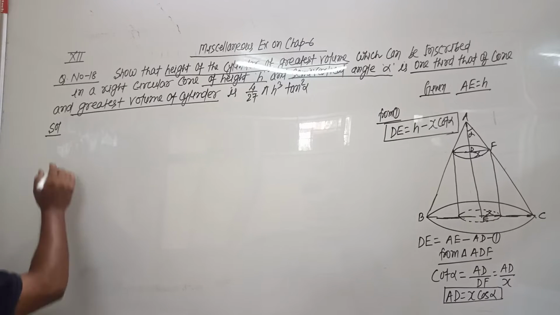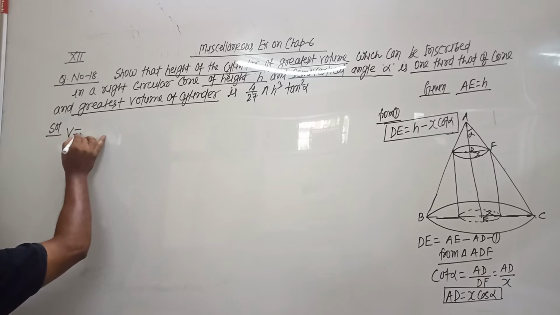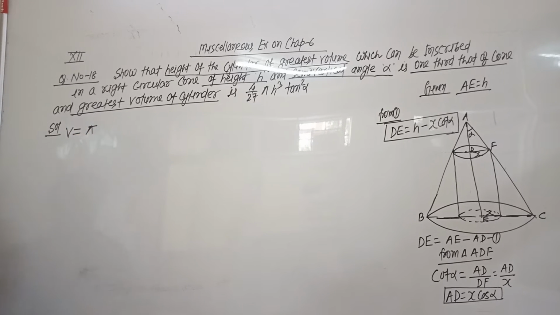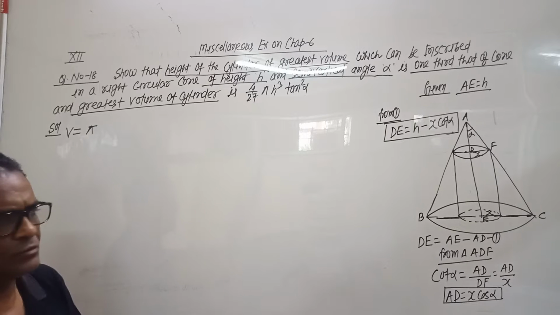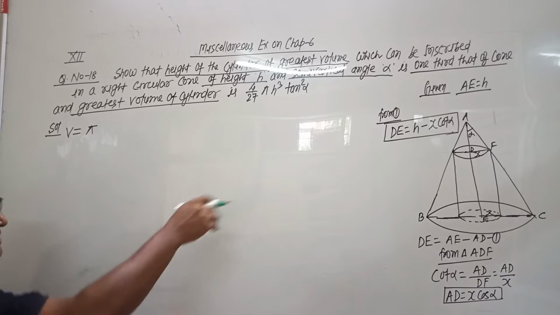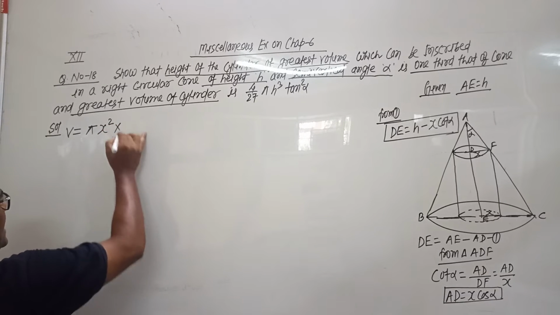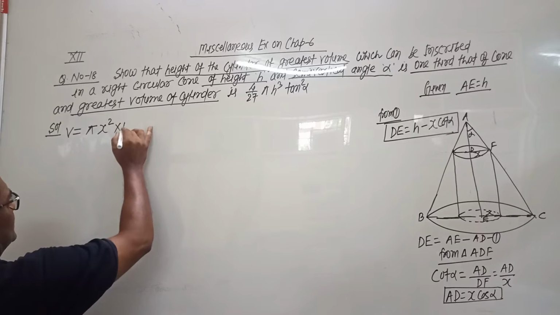Now the volume of cylinder is pi r square h, where r is the radius x and the height is DE.